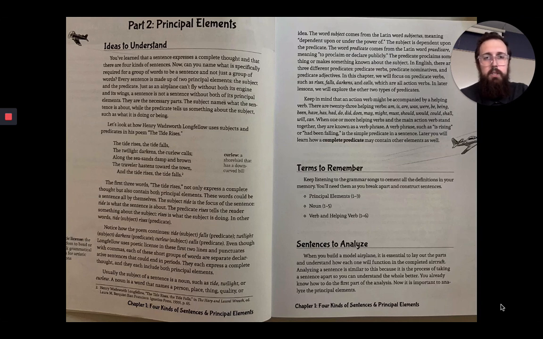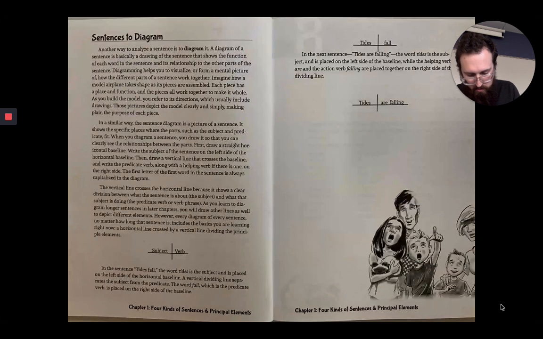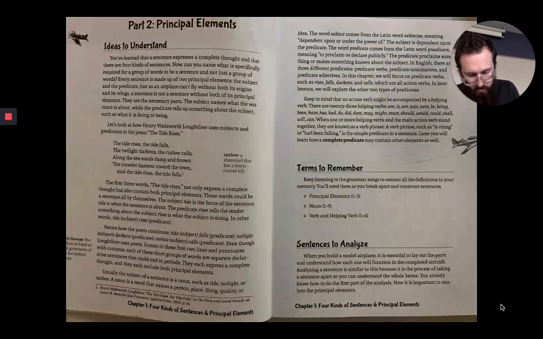In English, there are 3 different predicates: predicate verb, predicate nominative, and predicate adjectives. I want you to, in your book, underline that. There are 3 different types of predicate.